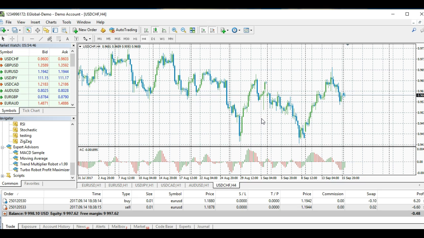So we use an EA because we don't want to be greedy, and an EA has no emotion. It will just do whatever settings you want, correct? So that's the good thing there, and then just leave it. Even when you're sleeping, it does trading, you know. That's the best strategy that the Forex business will give you.